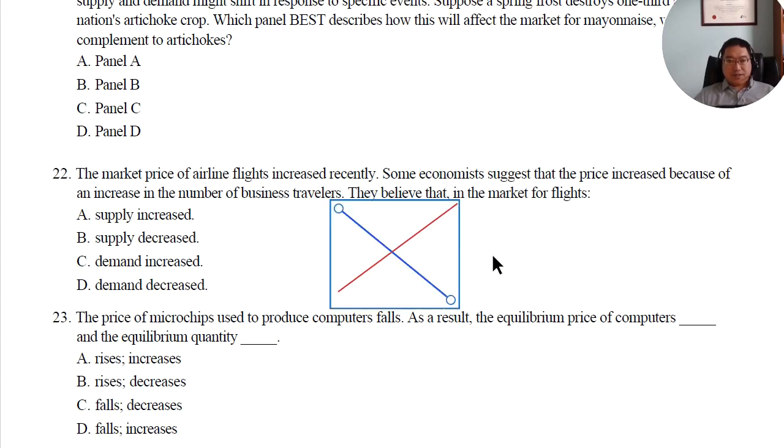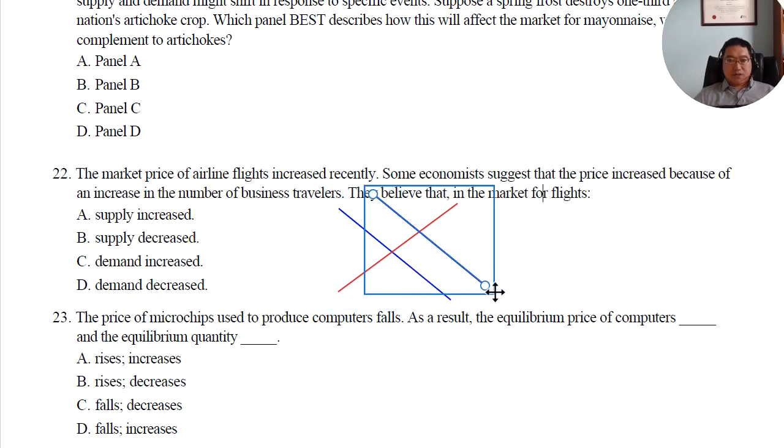If the demand curve increases and moves to the right, what we have will be a higher price and a higher equilibrium quantity, because an increase in the number of business travelers basically means more users of airline flights.